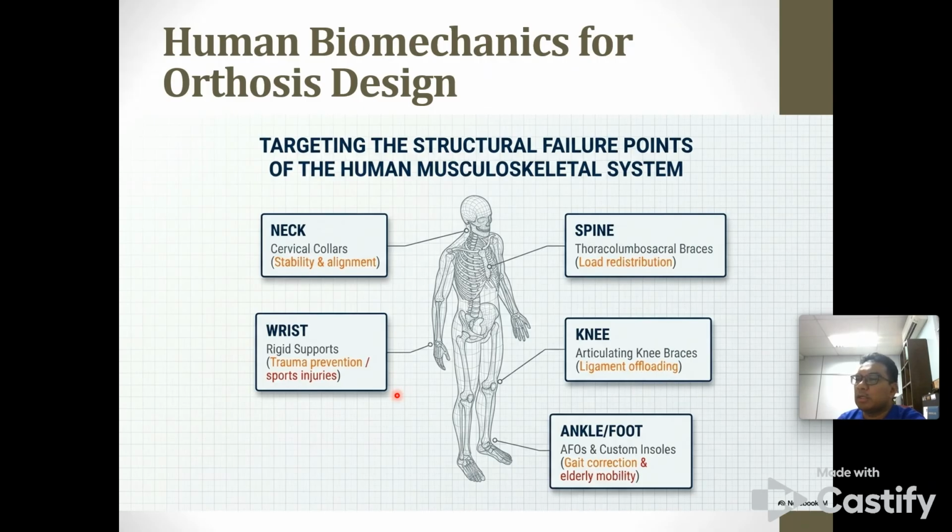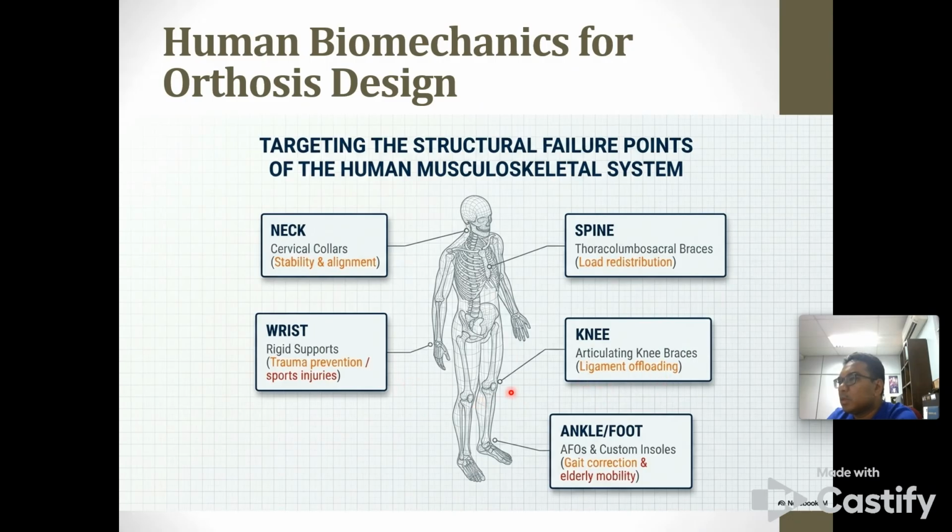We can wear gloves, for example when using power tools. It is not specific to sport; in daily working conditions we can also have trauma prevention at the wrist. The knee is more about ligament offloading.